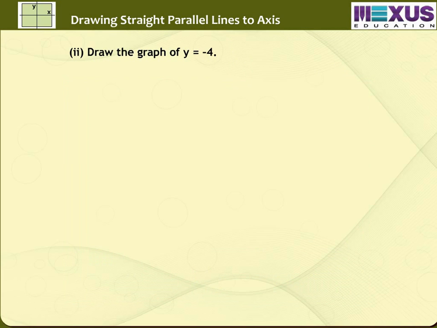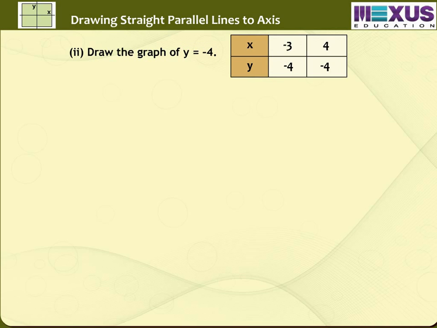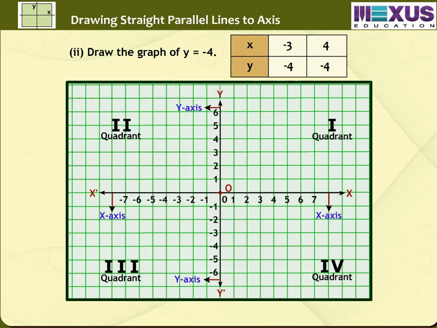2. The equation y is equal to -4 means whatever may be the x-coordinate, the y-coordinate is always -4. Thus, we have a table for different values of x and y. Plot these points as A (-3, -4) and B (4, -4).